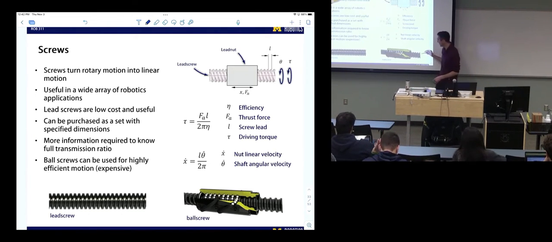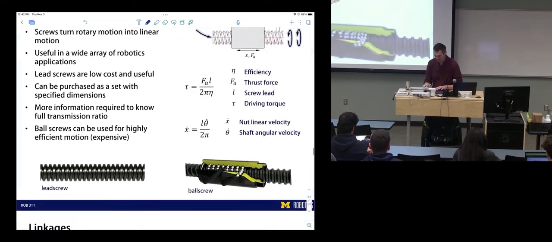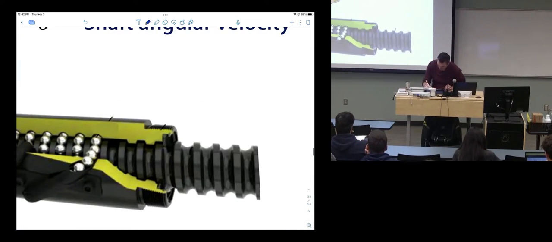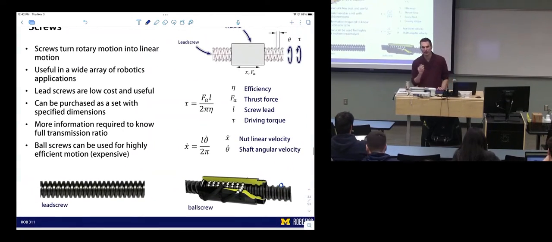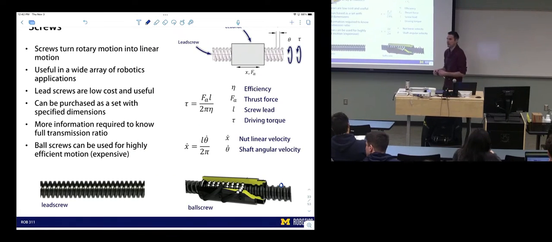Yeah, so in a ball screw, the screw itself has a circular track, so the balls are rolling in that track. So it does rolling contact instead of sliding contact. The balls rolling around are loud, but they're very efficient.